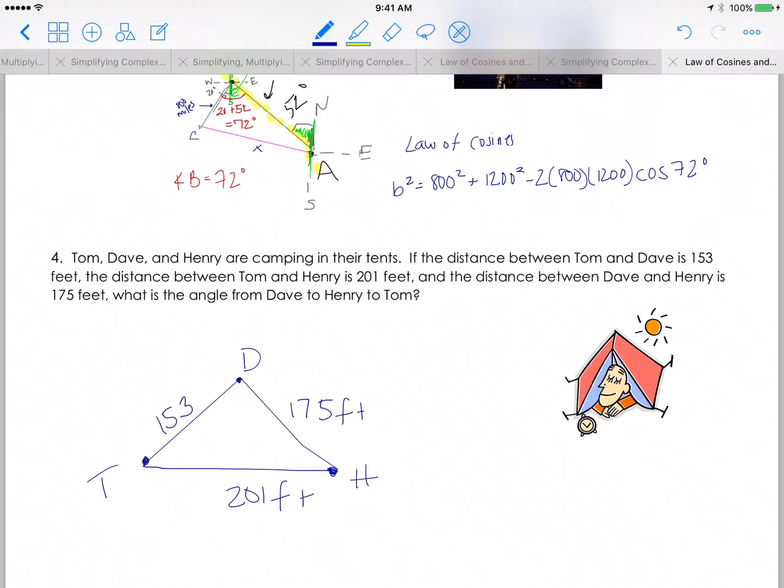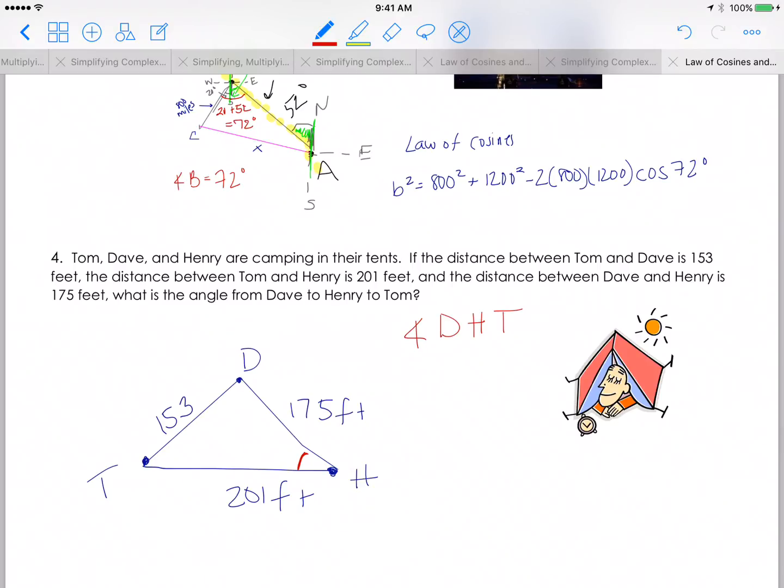And it says, what is the angle from Dave to Henry to Tom? So it wants to know this angle right here.